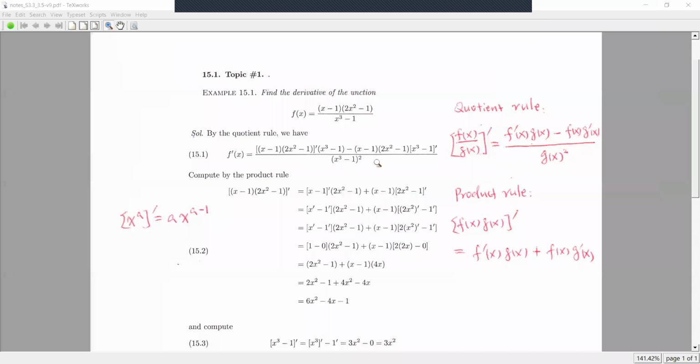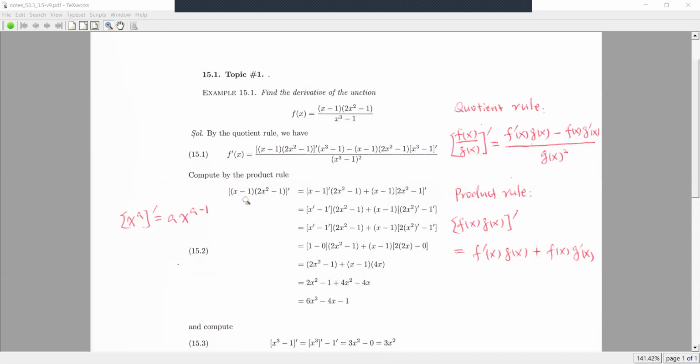In this expression, there are two derivatives that we need to compute. We need to compute this derivative and this derivative. Let me compute them somewhere. After I get the result, I put the result back here. For this derivative, because the function is a product, I use the product rule.